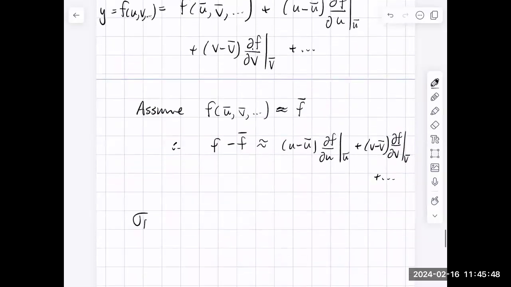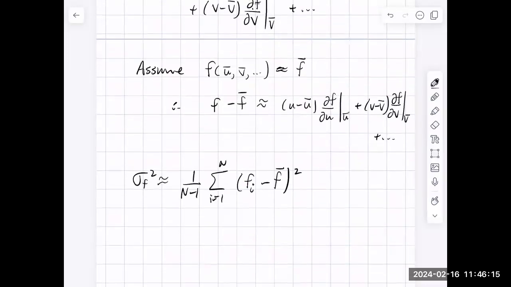So sigma f squared then is going to be approximately equal to 1/n minus 1 times the sum of i equals 1 to n. Now we have to think of these individual calculations of f. So these f sub i's minus f average squared is going to be equal to 1/n minus 1 sum of i equals 1 to n.